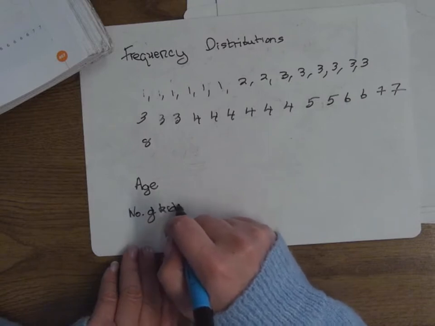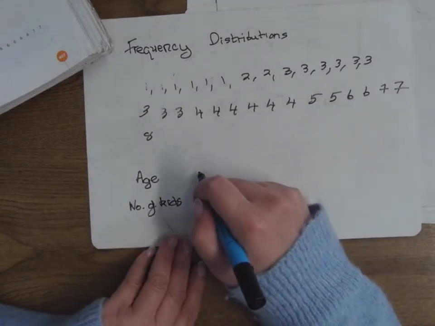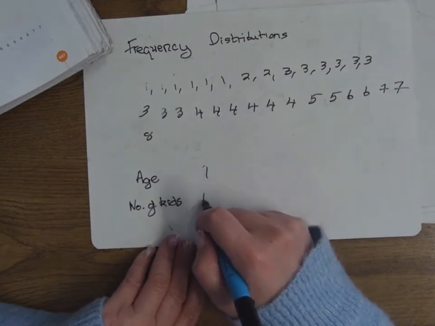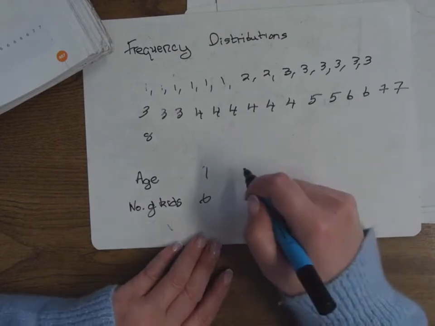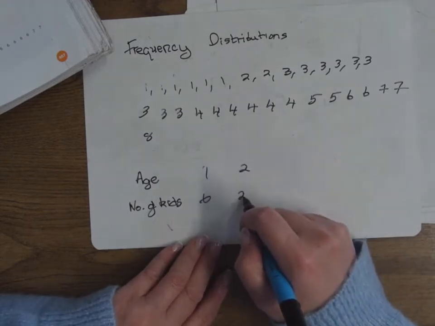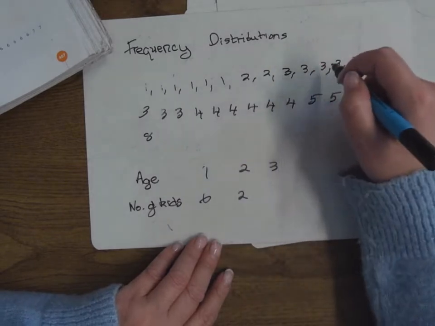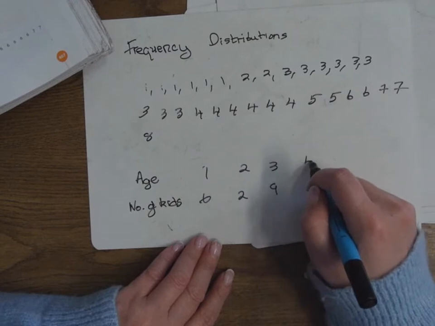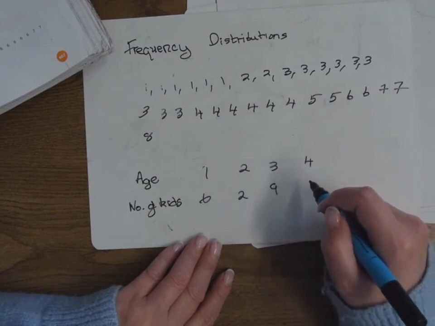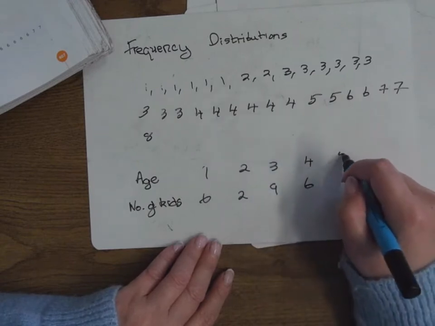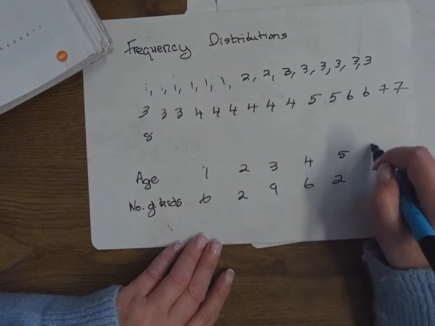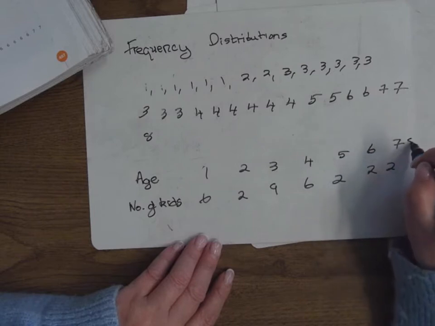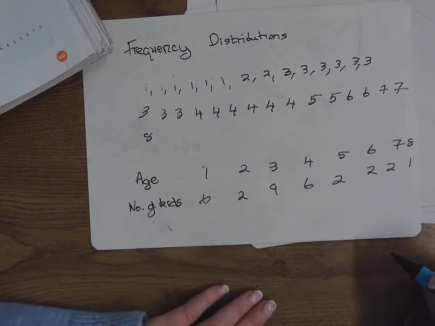I could say there were 6 kids age 1, 2 kids age 2, 9 kids age 3, 6 kids age 4, 2 kids age 5, 2 kids age 6, and 2 kids age 7, and I've run out of room, and there was 1 child aged 8.